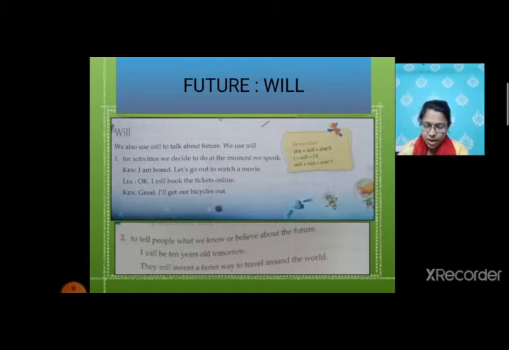And so you can write, I will book the tickets online. And then the next thing Ken said he would be doing is, I will get our bicycles out. So these two activities were decided at the moment they decided to watch a movie.